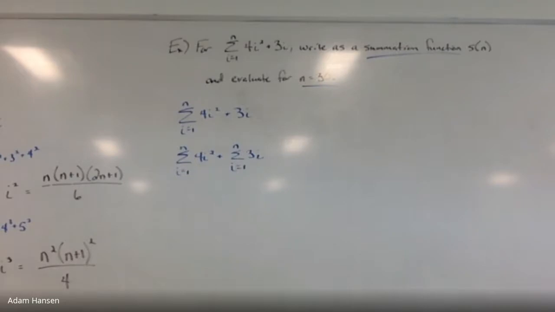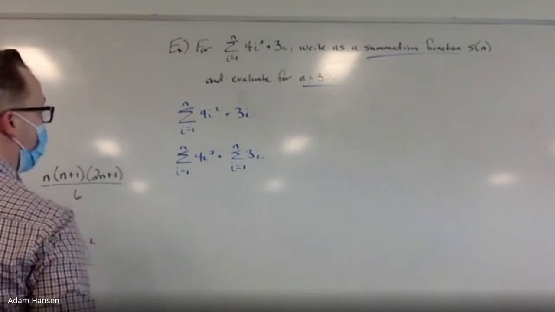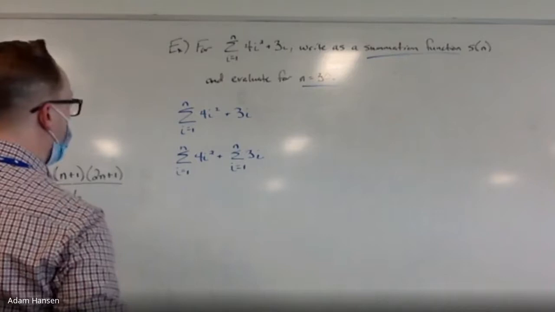What can I do with the 4 and the 3? I can take these constants that are being multiplied by i and i squared and factor them out in front of the summation.